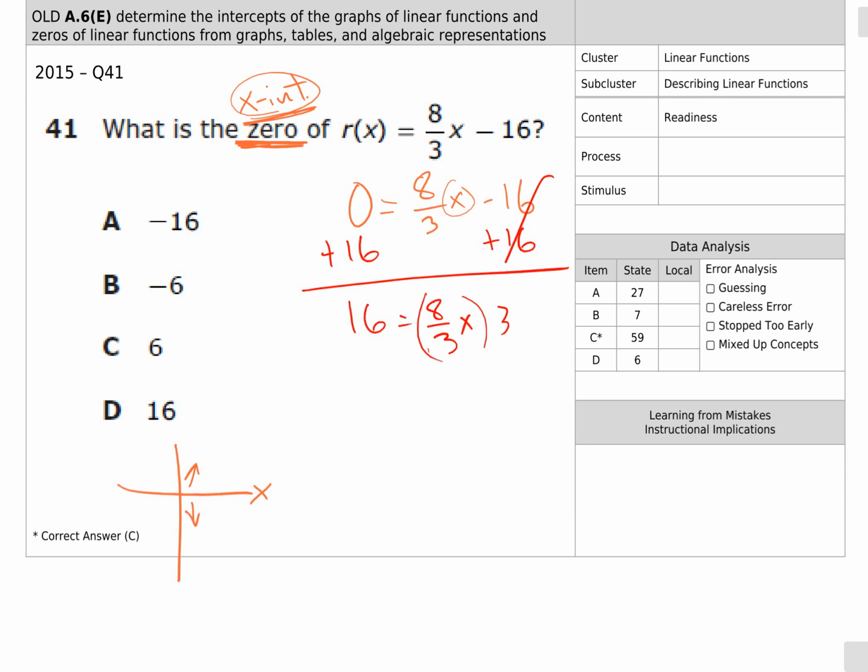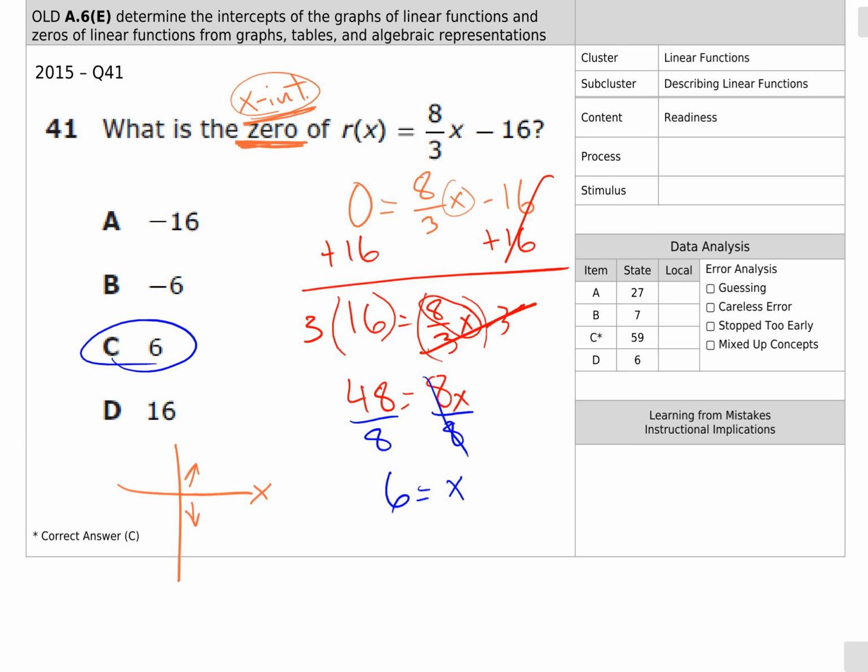Multiply both sides by 3. These 3's cancel. 3 times 16 is 48 equals, and the only thing left on this side is the 8 times x. Last step, divide by the coefficient. X is equal to 6, which is our answer.